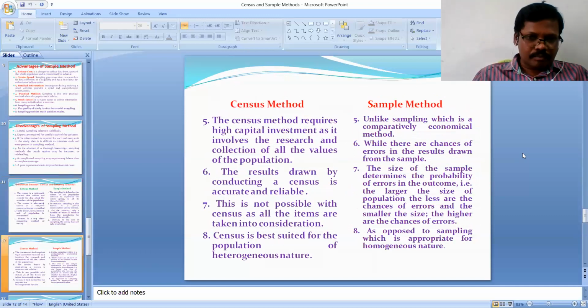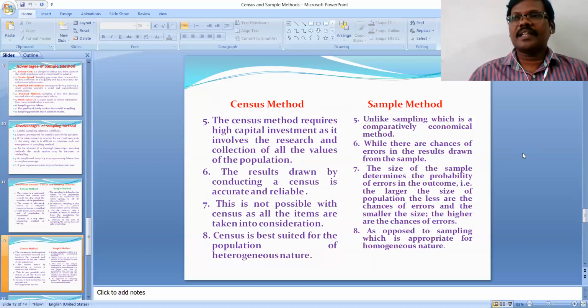In the census method, it requires a high capital investment as it involves the research and collection of all the values of the population. So that means it is more expensive. Unlike that, sampling is a comparatively economical method, so less amount is required.